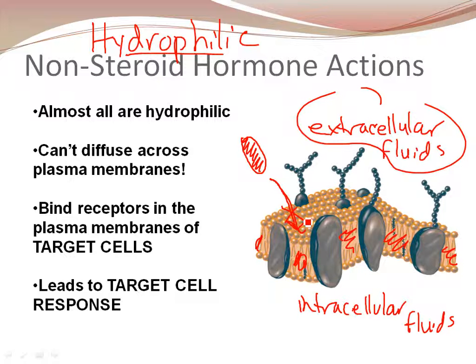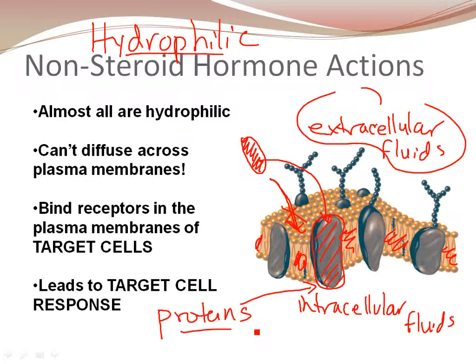So what that means is these types of hormones, in order to start to have an effect on a target cell, have to bind to a cell surface receptor. Okay, so these cell surface receptors are membrane proteins. And individual cells may have thousands and thousands of copies of different types of receptors for different types of molecules floating all through their cell membranes. Not all cells have the same receptors.